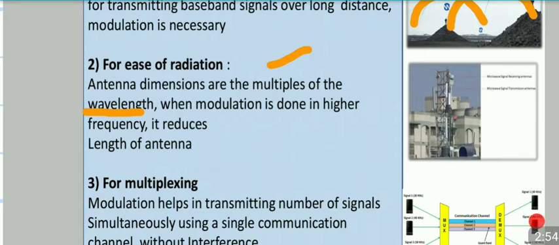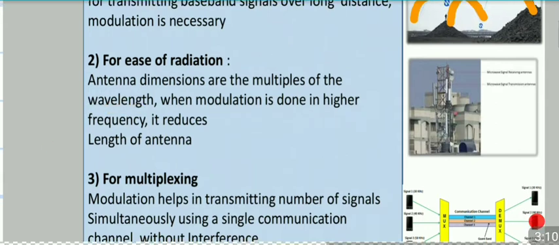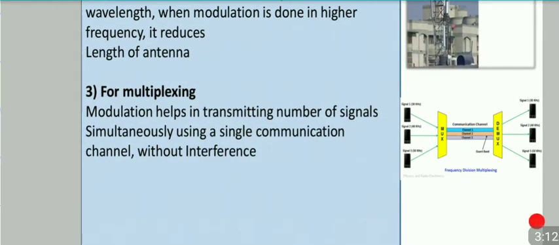So when modulation is done at higher frequency, it reduces the dimensions and length of the antenna. For this reason, we need modulation to be done.